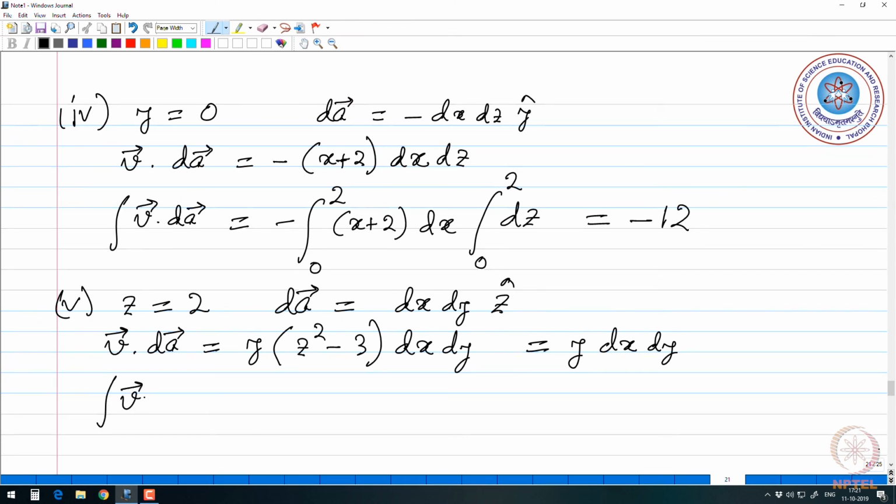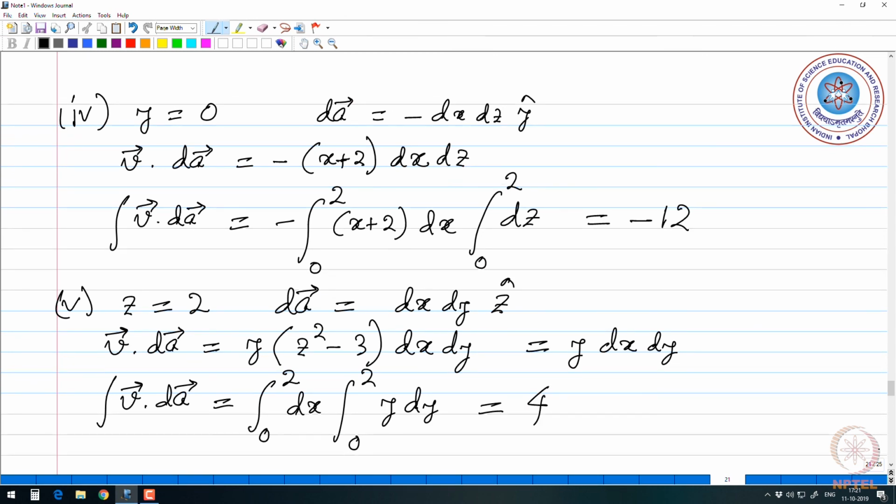Integration over v dot dA gives us integration from 0 to 2 dx, integration from 0 to 2 y dy, that is 4.